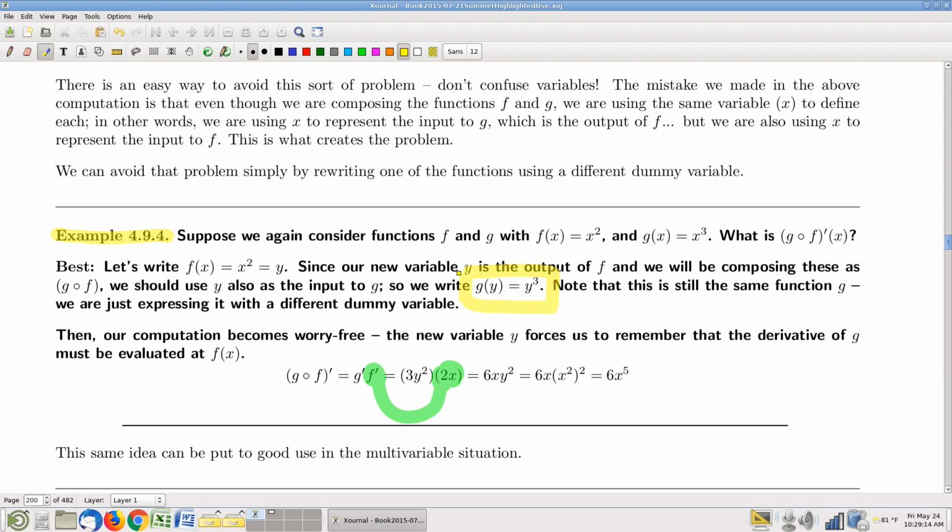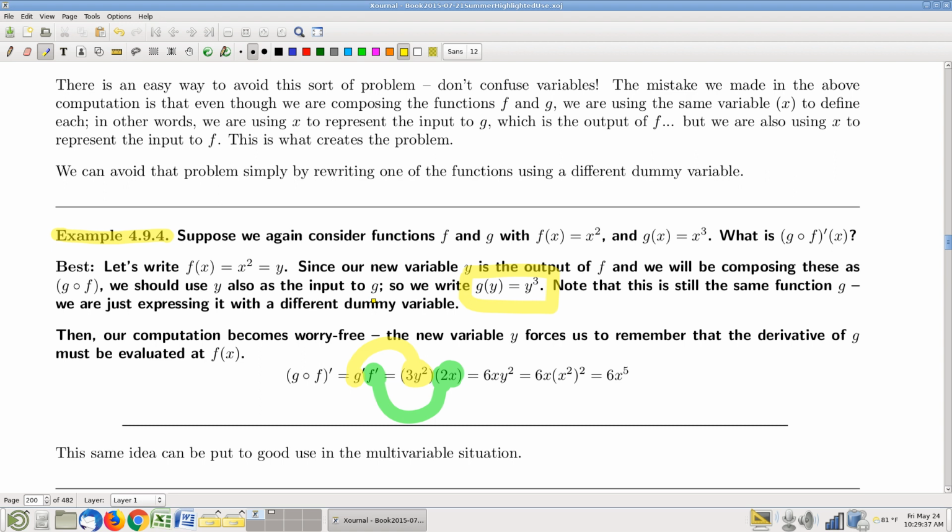G of y is y cubed. That means that g prime is 3y squared. And I don't have to remember to plug in a certain thing into that. It's automatic. It says right there, g prime is 3y squared, not 3x squared.